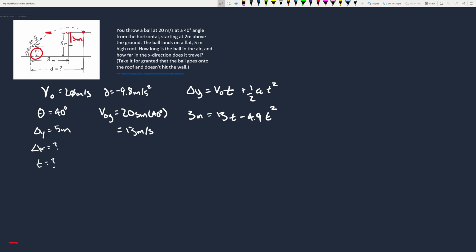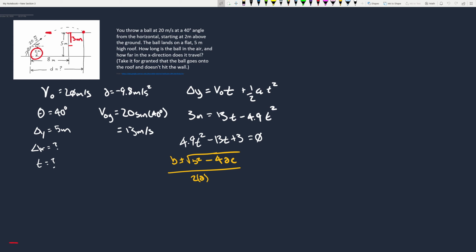And when we move this all to one side, we get that 4.9 t squared minus 13t plus 3 is equal to 0. And this is a perfect setup to use the quadratic equation. Reminder that the quadratic equation is negative b plus or minus the square root of b squared minus 4ac, over 2a.